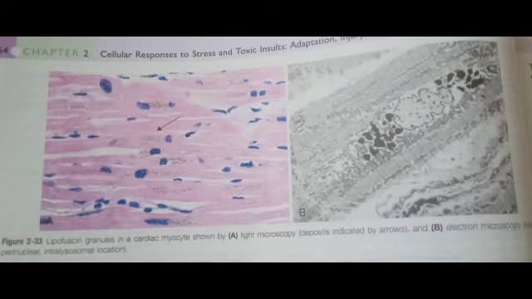It is also seen in patients with severe malnutrition and cancer cachexia, especially in the liver and heart.